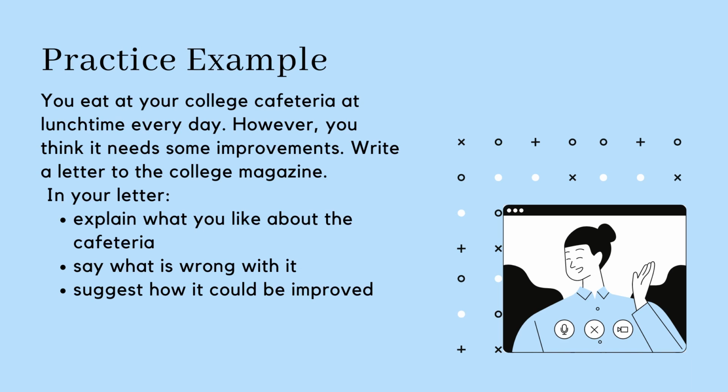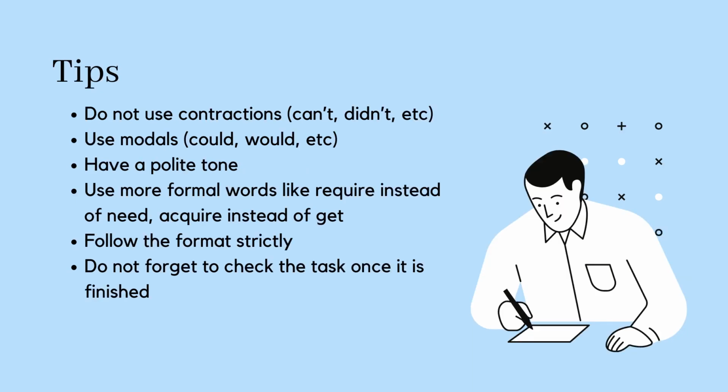This brings us to the last part of this lecture, that is tips for effective performance in writing formal letters. The first thing is, do not use contractions such as can't, didn't, and so on. Because while you use contractions, your letter looks informal. Next is, use modals such as could, would, and so on.